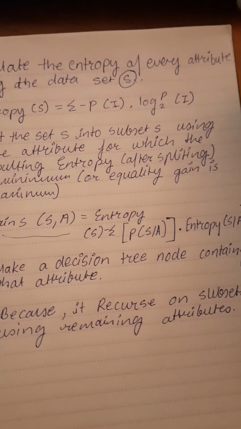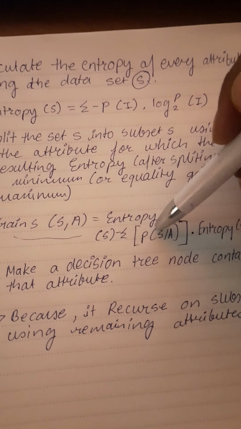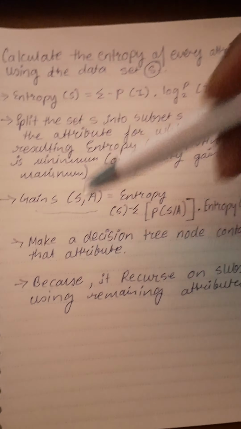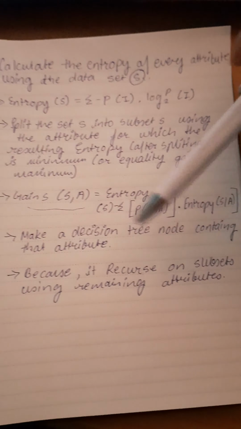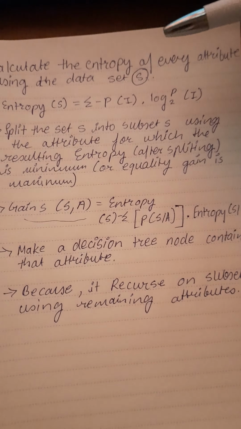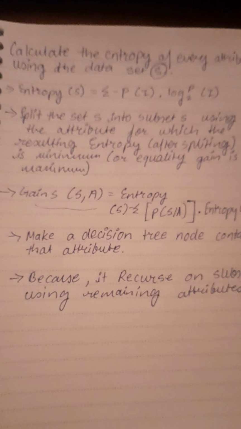Here A is the attribute and S is the data set, giving a decision tree node containing that attribute, because it recurs on subsets using the remaining attributes. Thank you.